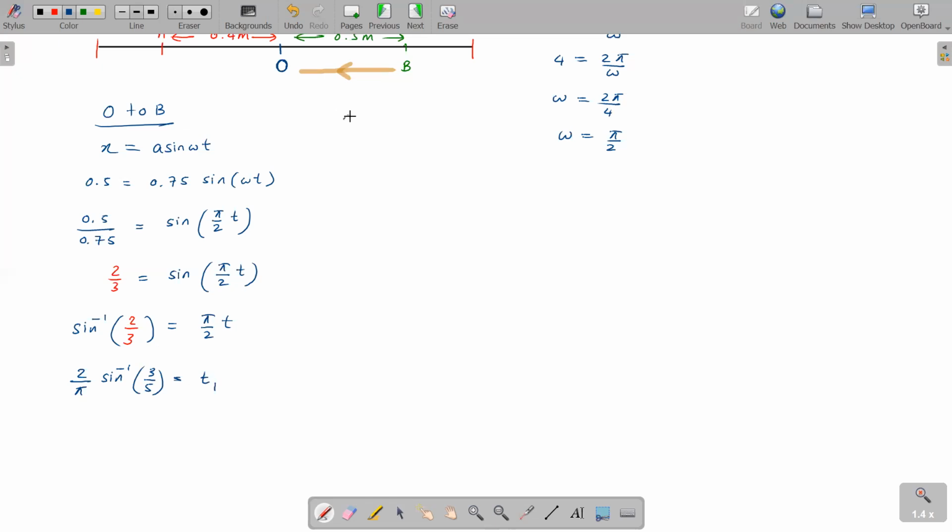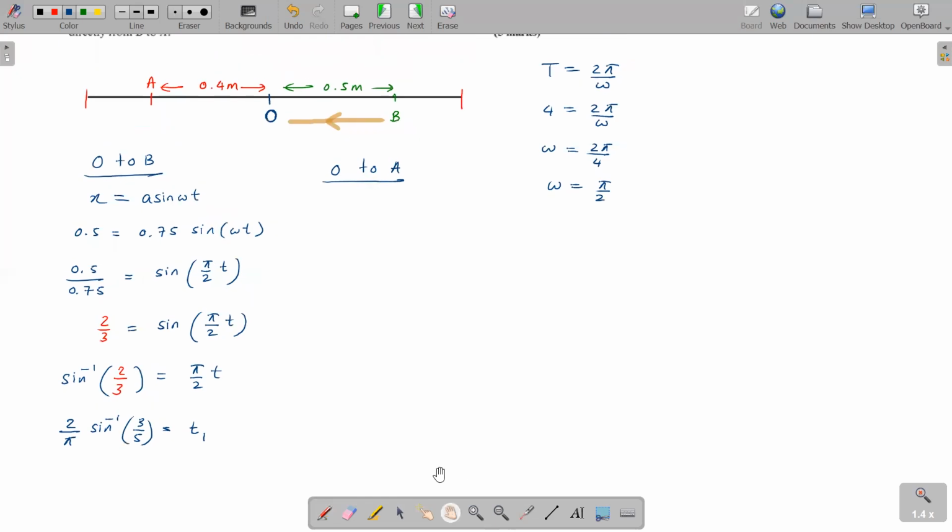Similarly, you should also find the time taken to go from O to A. Are you with me? Again, we will use x equals A sin omega t. So x is 0.4, amplitude is 0.75, omega is pi over 2, into time. 0.4 over 0.75 equals sin of pi over 2 into t, and 0.4 over 0.75 is 8 over 15.